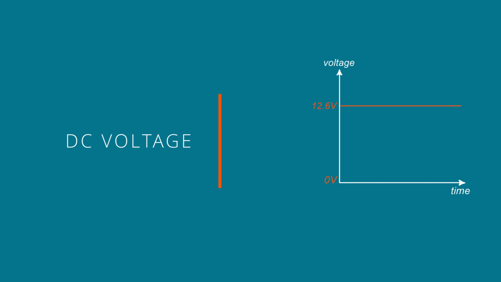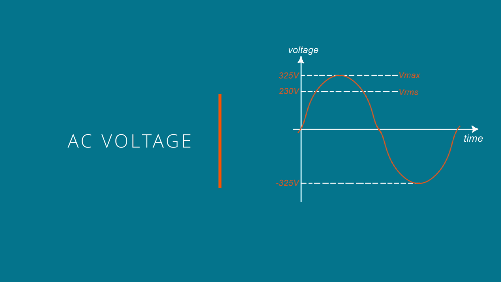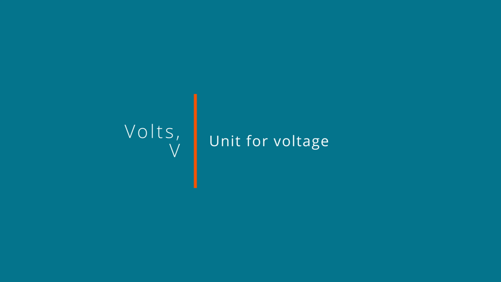And just the same as with current, we also talk of direct current voltage or DC voltage and AC voltage. DC voltage remains constant over a period of time, whilst AC voltage alternates. Voltage is measured in volts, abbreviated by capital letter V.